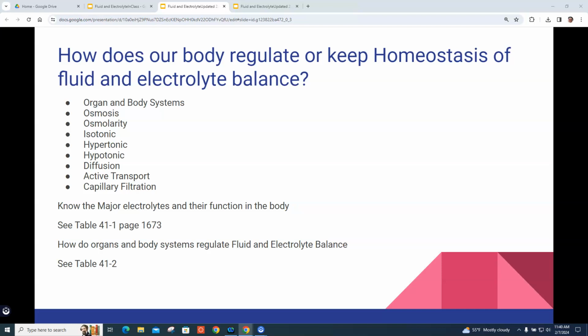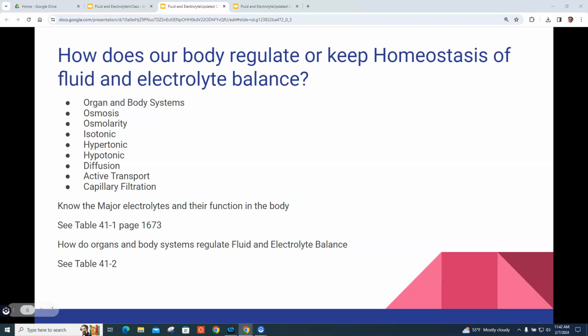And then the body throughout will have different processes for maintaining homeostasis, and they kind of also have backup systems to help maintain homeostasis. This is why our bodies, even when we're sick, we're still functioning until we're not, which means that the body is so out of whack that we're no longer in that homeostatic state.